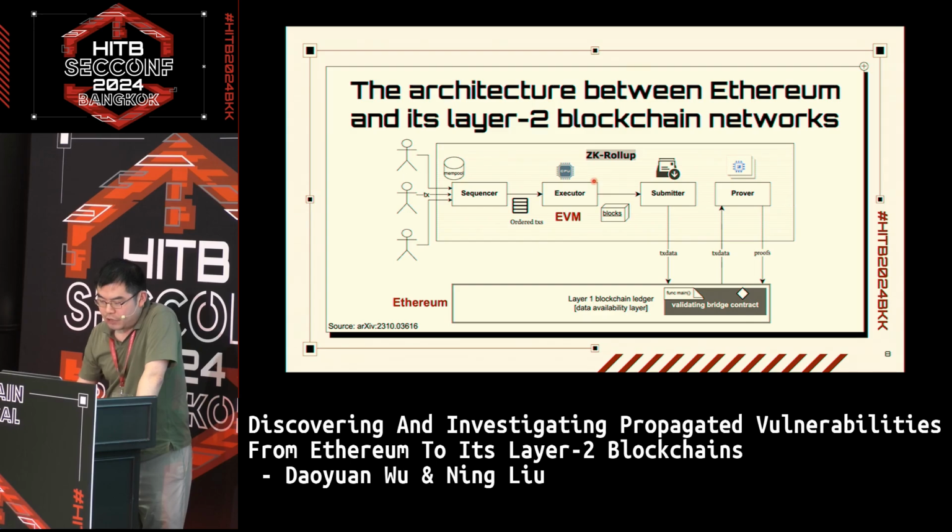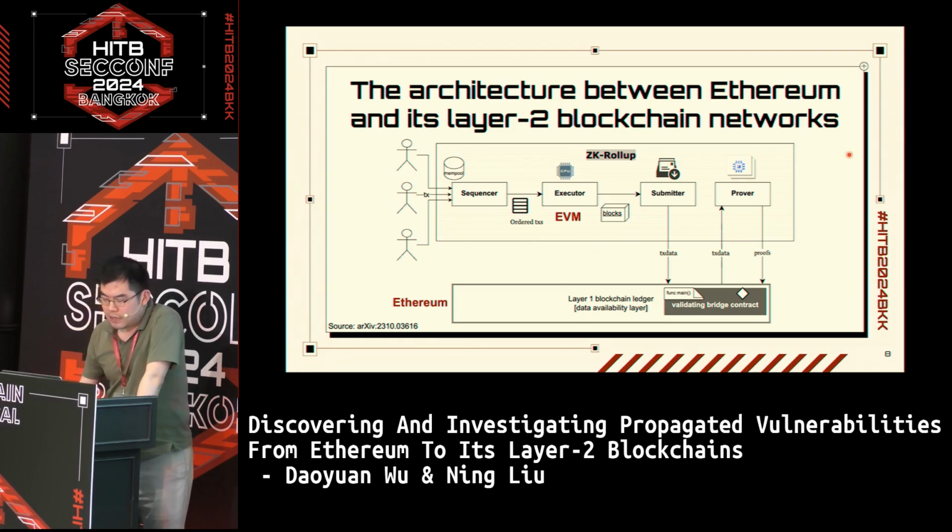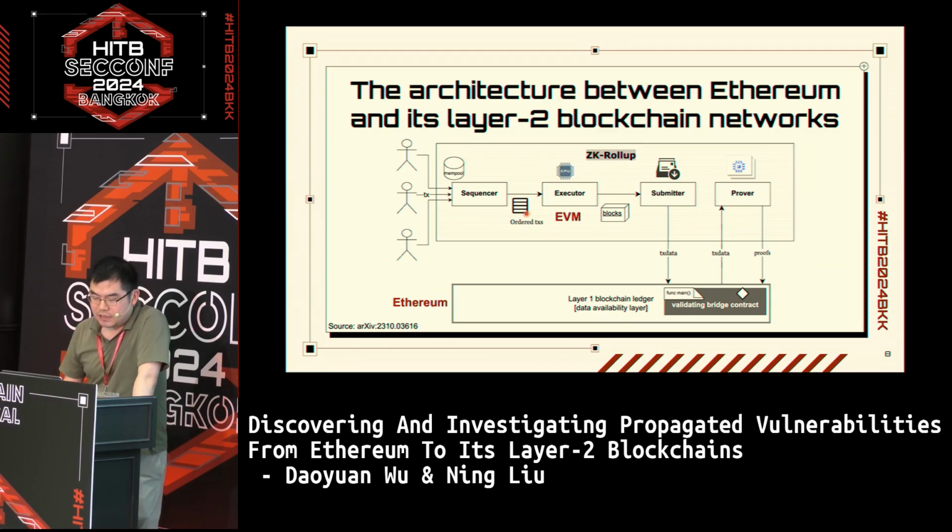In this talk we will not cover the actual details of these layer 2 networks. Instead, we will focus more on code-level security, in terms of how a vulnerability in Ethereum can affect vulnerabilities in its layer 2 networks.